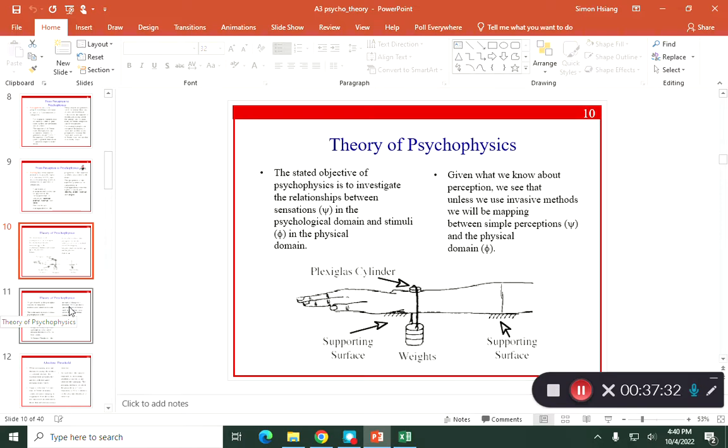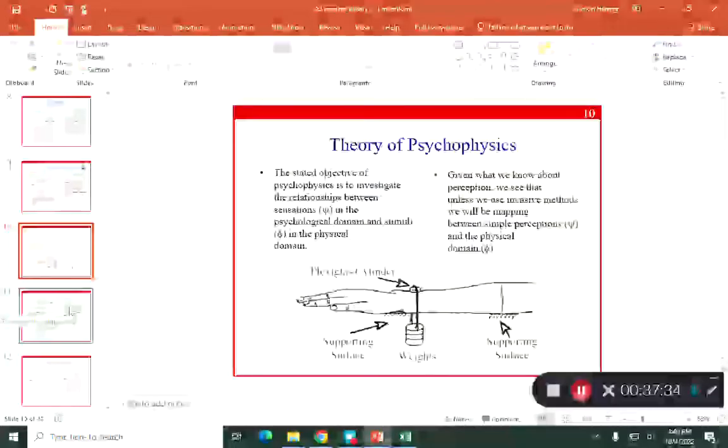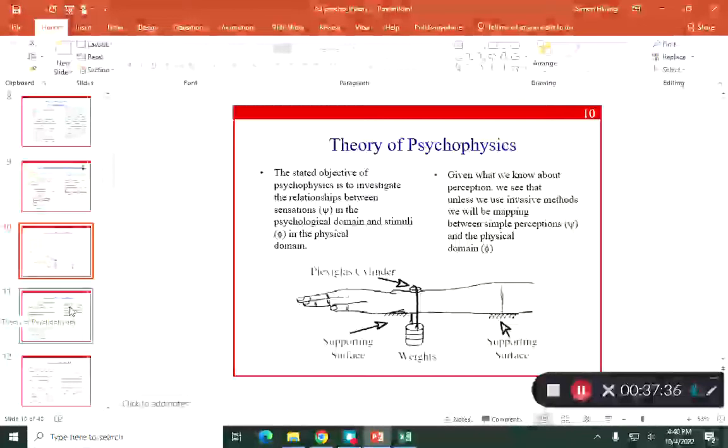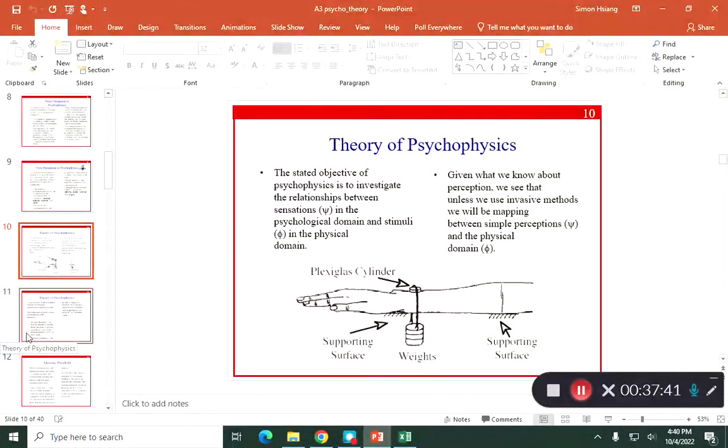They basically tried to figure out, can we measure something based on our calibrations and judgment, human judgment.